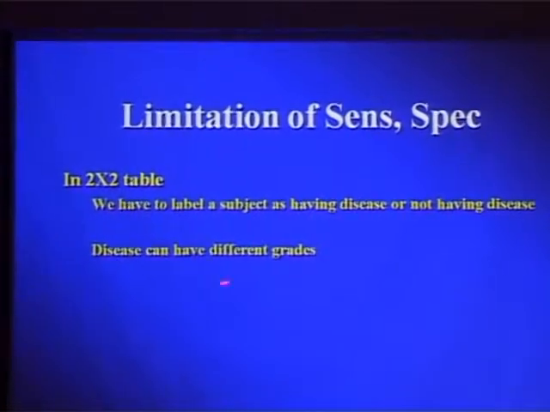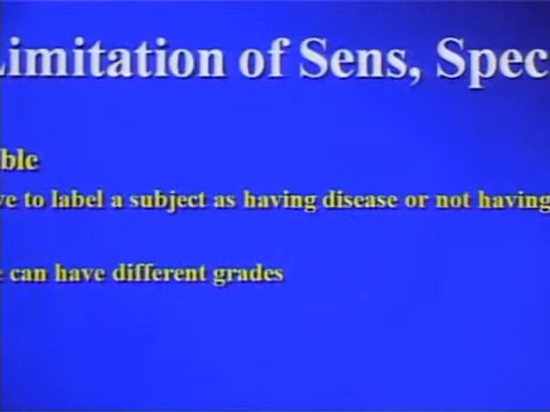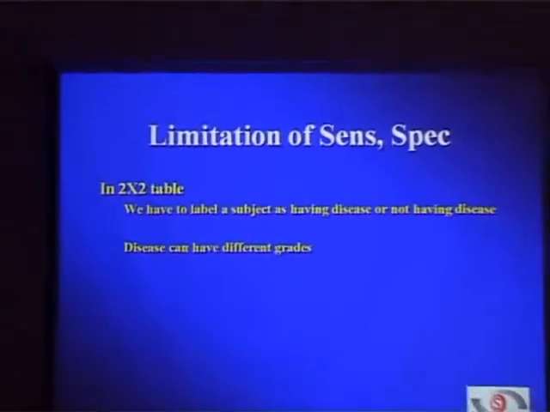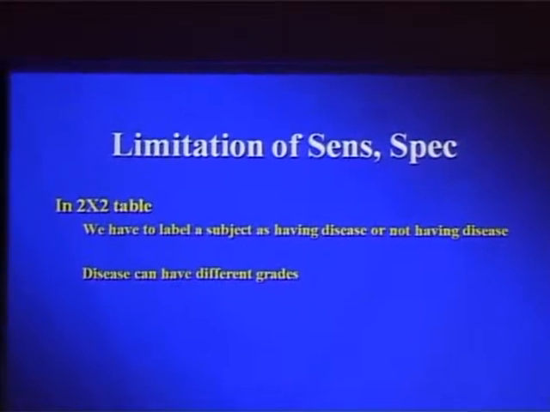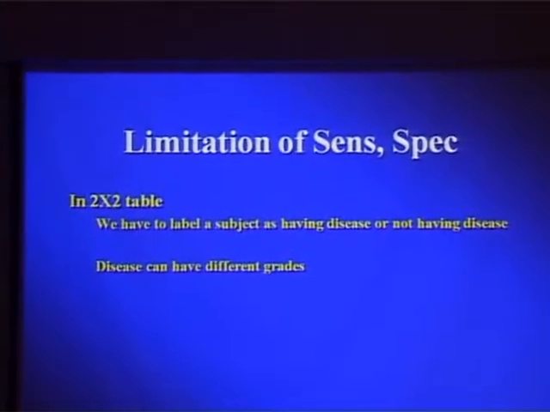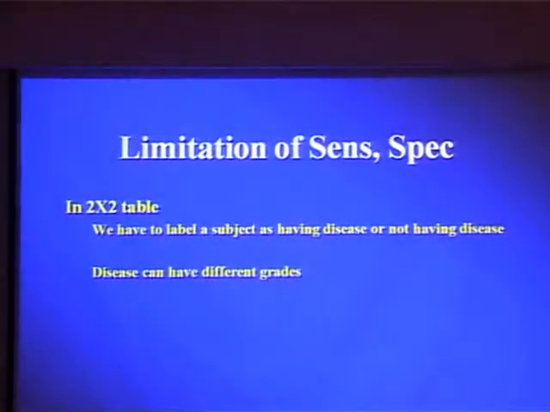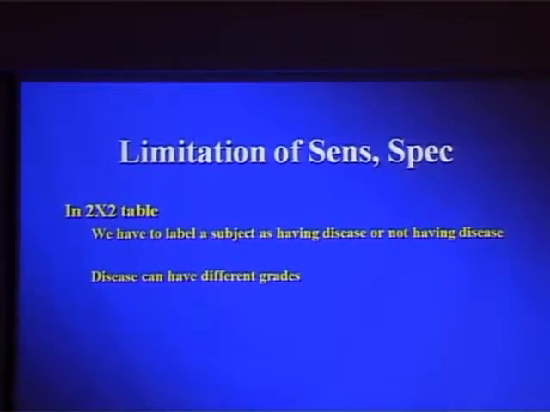The limitation, as I was saying, is the 2 by 2 table, where we are just grading the patient as having disease or not having disease, whereas most diseases have a spectrum and you are missing out. Second, sensitivity varies for each spectrum of the disease, so ideally you calculate it for each individual spectrum, or you need each spectrum in enough numbers to calculate sensitivity and specificity.